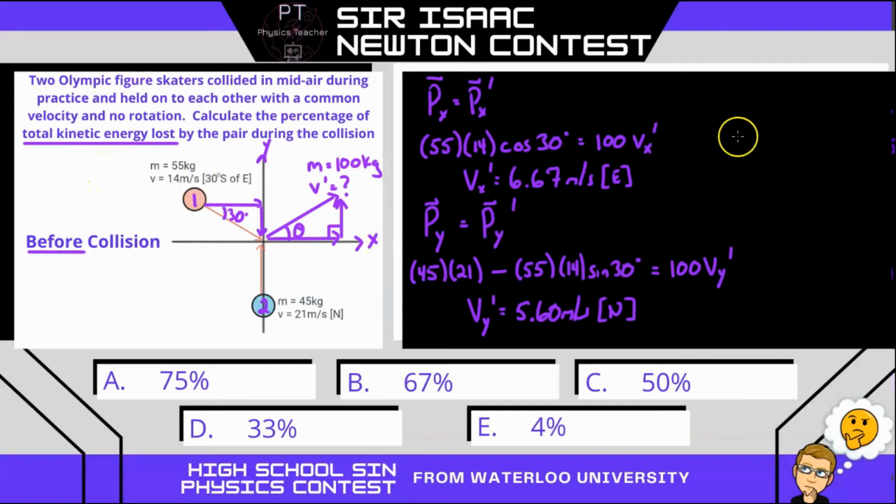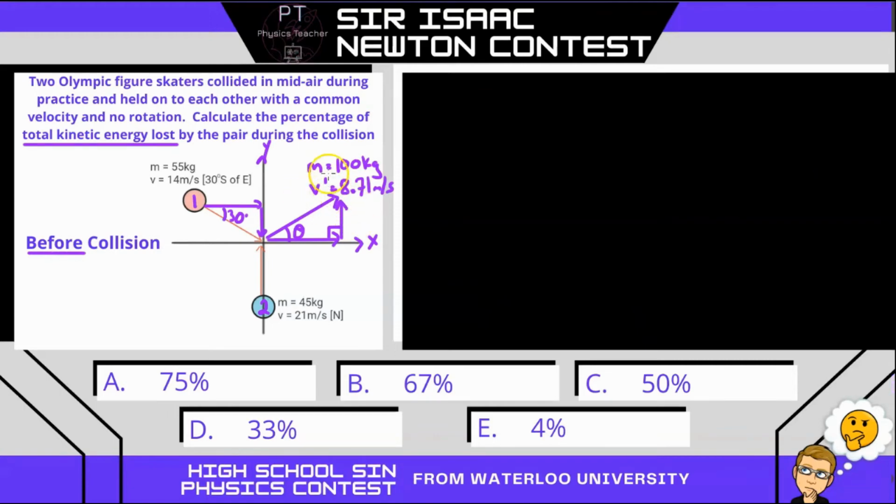So v prime will be equal to the square root of our x component, 6.67 meters per second squared, plus our y component, 5.60 meters per second squared, and we get v prime to be 8.71 meters per second. Now that we've calculated the velocity of the two skaters after the collision, we can calculate the kinetic energy of the two skaters before the collision and after the collision to see how much we've lost.